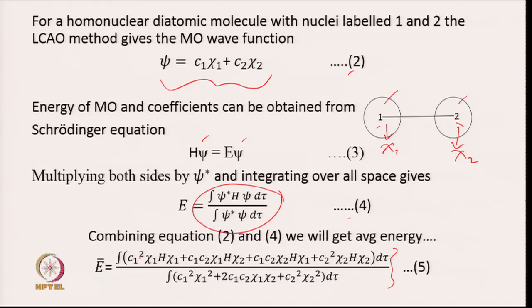What you get is C1 squared integral of chi1 H chi1, plus C1 C2 chi1 H chi2, plus C1 C2 chi2 H chi1, plus C2 squared chi2 H chi2, d tau. In the denominator, when you solve this, you get C1 squared chi1 squared plus 2 C1 C2 chi1 chi2 plus C2 squared chi2 squared, d tau.